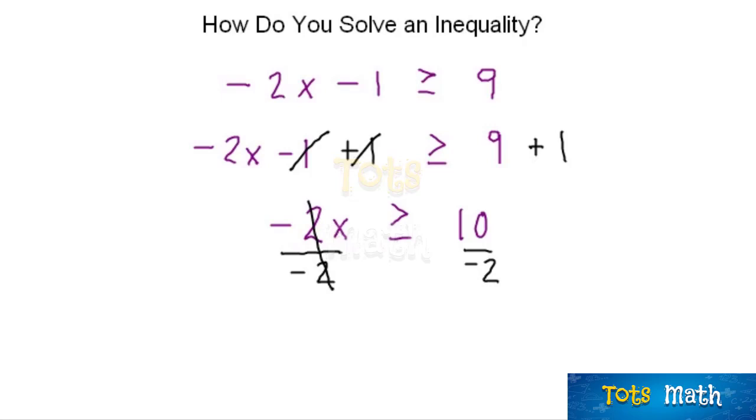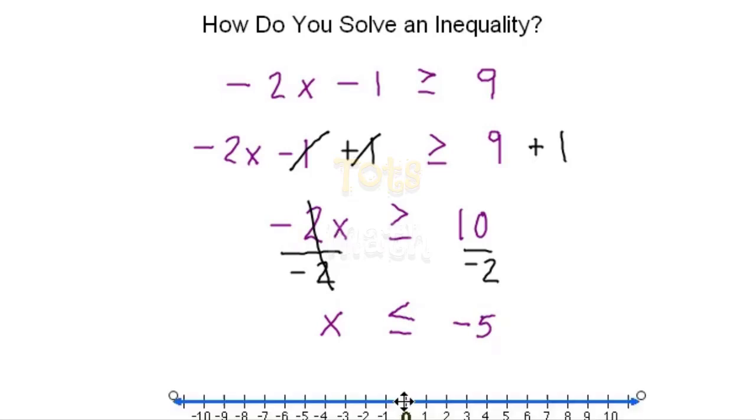That leaves us with x on the left side of the inequality and negative 5 on the right side of the inequality. And since we're dividing by a negative value, we have to reverse the inequality. So we're going to write less than or equal to. So the solution to this inequality is x is less than or equal to negative 5. Now we can graph it on a number line.